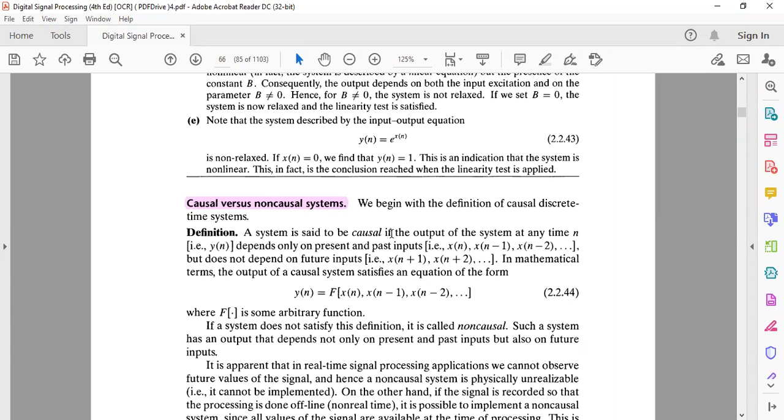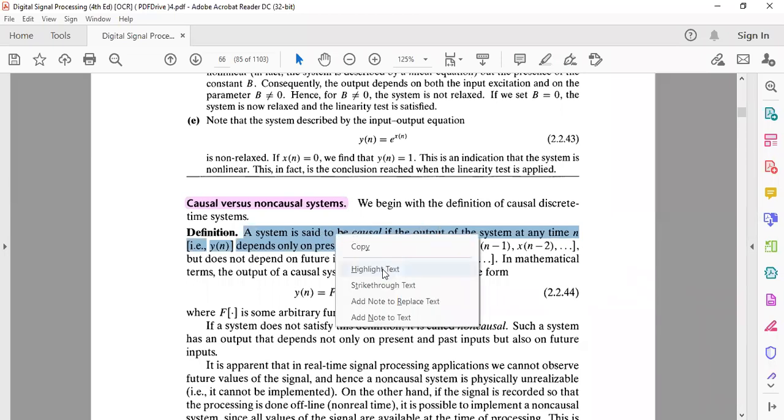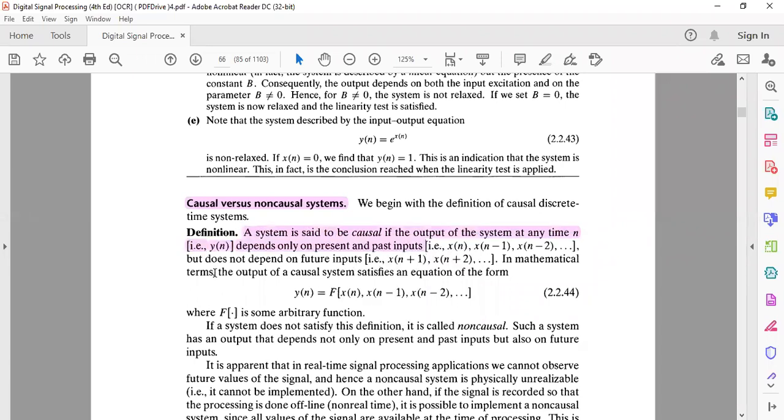We say that the system is said to be causal if the output of the system at any time n depends only on present and past inputs, but does not depend on future inputs.